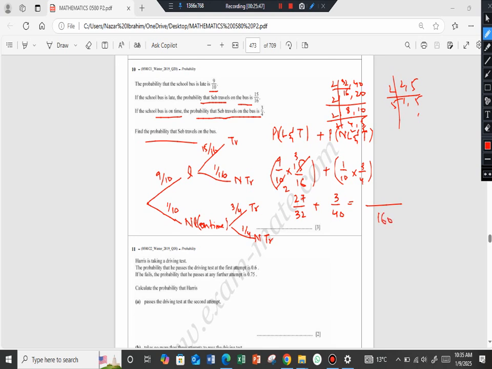So 32 fives are 160, 27 into 5. So 27 into 5 is 135, plus 4 threes are 12. So 135 plus 12 is 147 upon 160. Clear? Okay, let's move to the next.